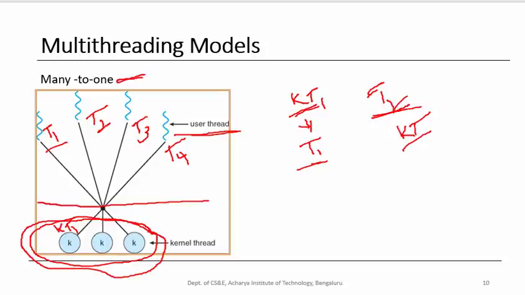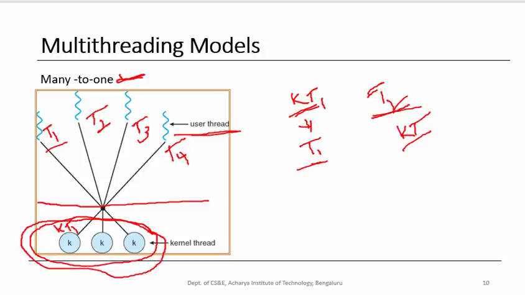That's the advantage of this model. So this way there are three common or popular models found in the operating systems to handle the user threads.